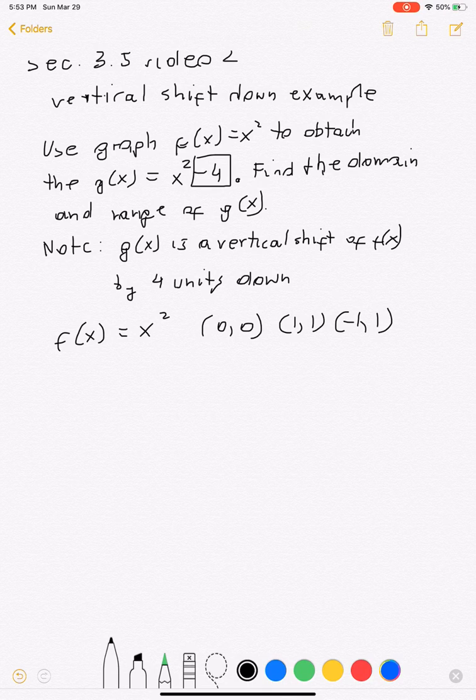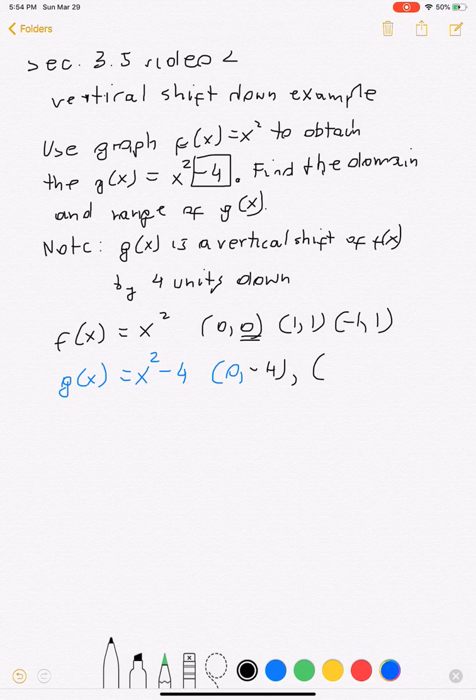And now we're going to graph g of x, which is x squared minus 4. We're going to use exactly the same x coordinate. What's going to happen to the y values? You take the original y value and subtract 4. So 0 minus 4 will give negative 4.